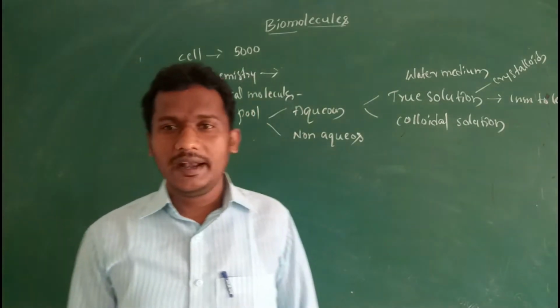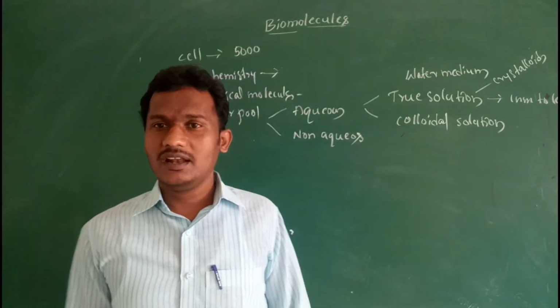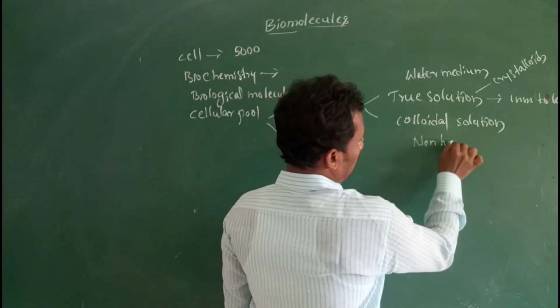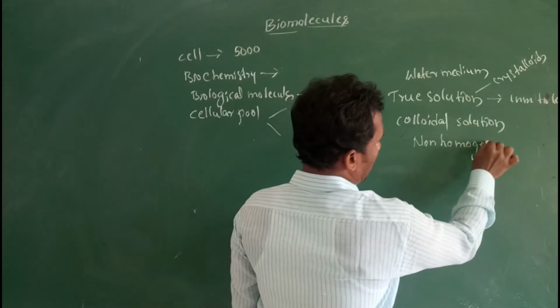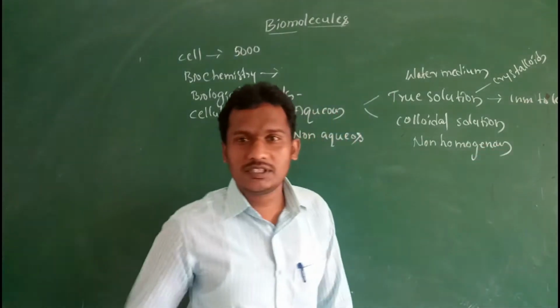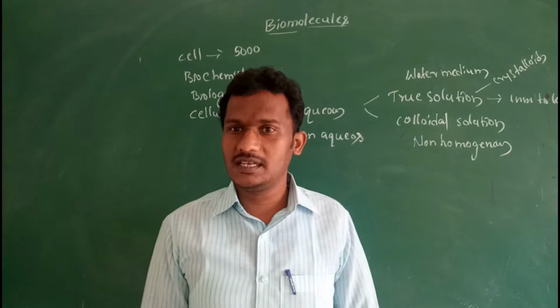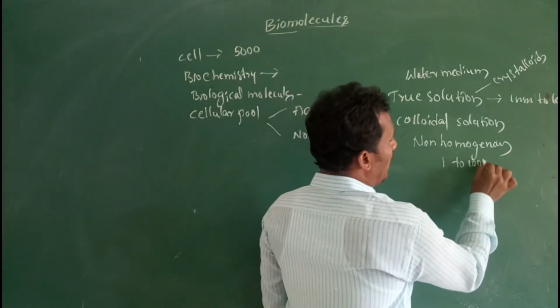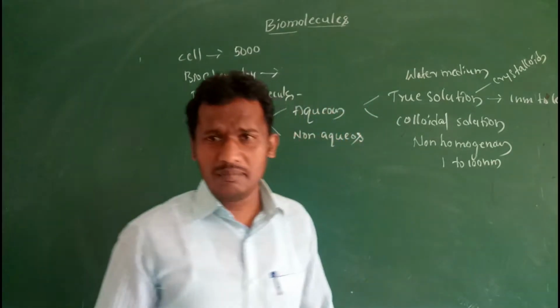Next one, the colloidal solution. In a colloidal solution, non-homogeneous substances are present. The size of these substances is 1 to 100 nanometers or maybe greater.